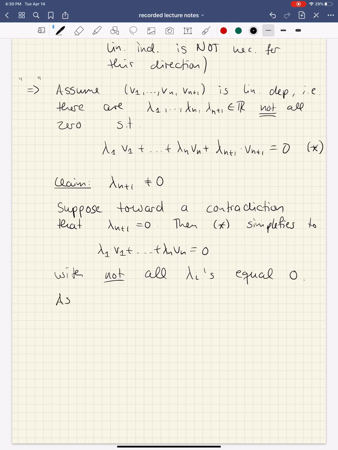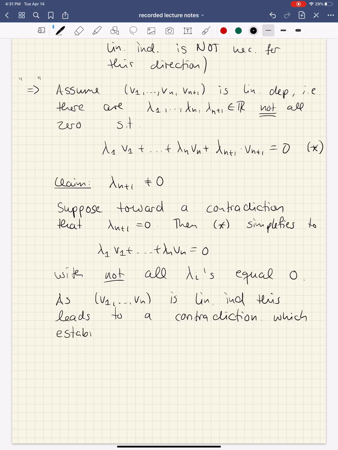As v1 through vn is linearly independent, this leads to a contradiction. And so this establishes the claim.